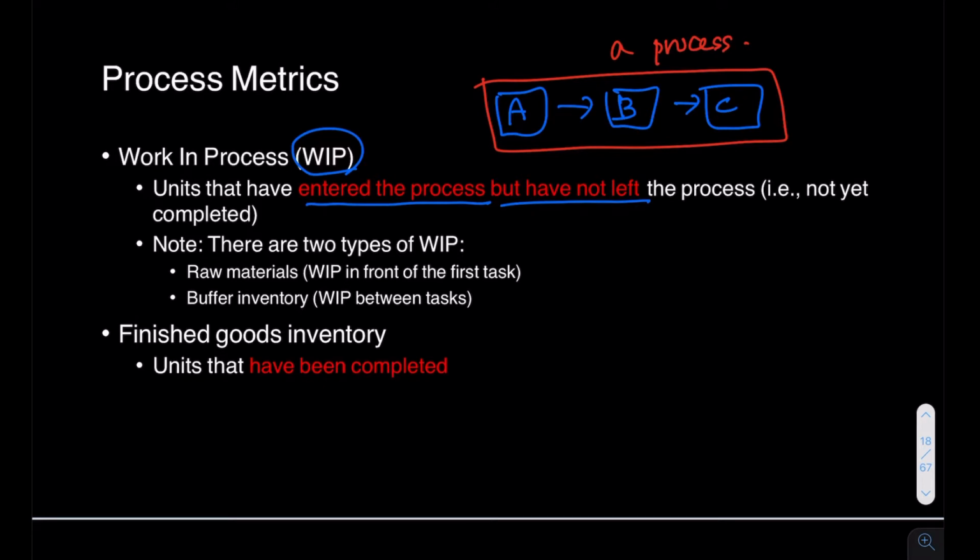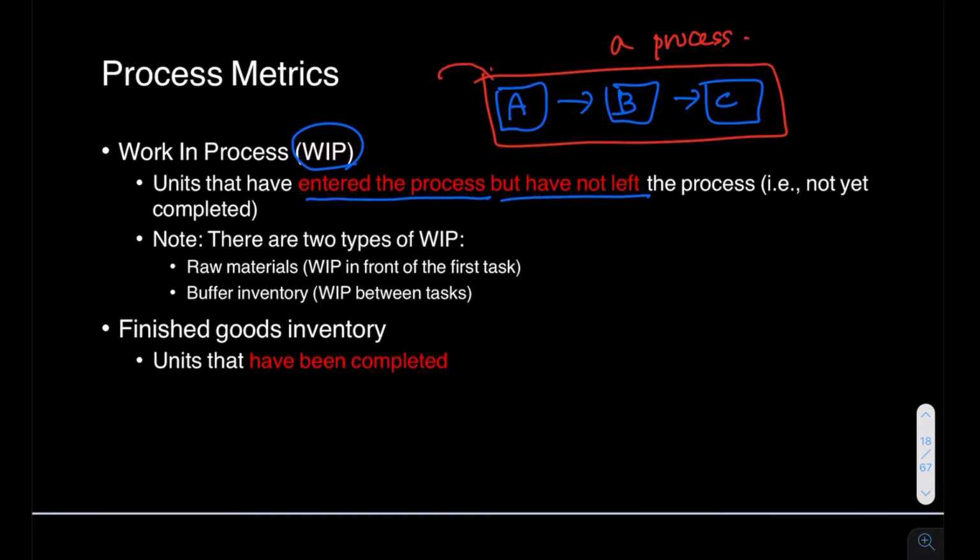Okay. So when we use this process, we are transforming inputs into outputs. That means materials are coming in and we are producing some outputs as finished goods. So when materials come inside this process, these materials will move through all those different tasks, and finally exit this process in the form of finished goods.